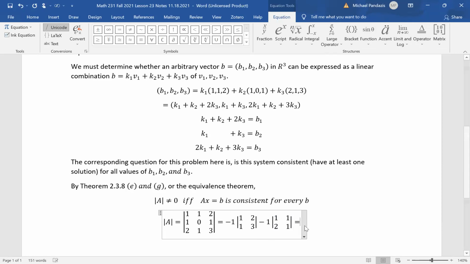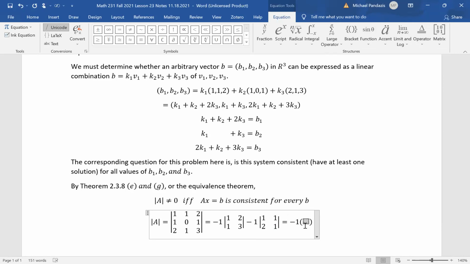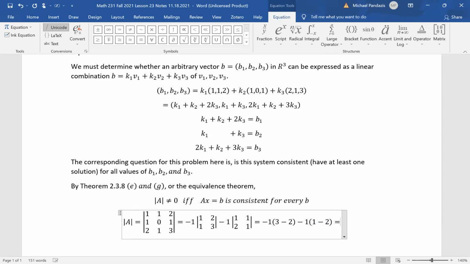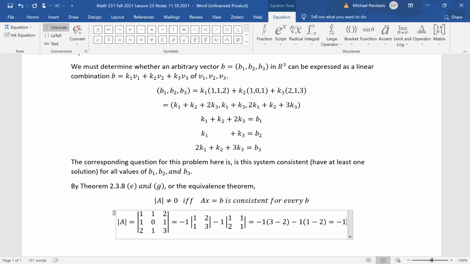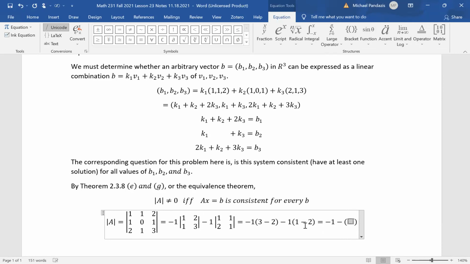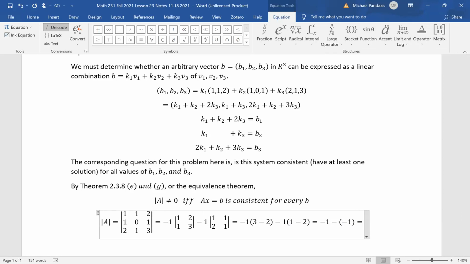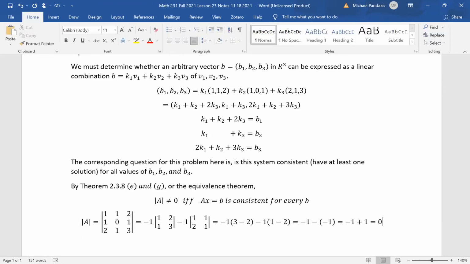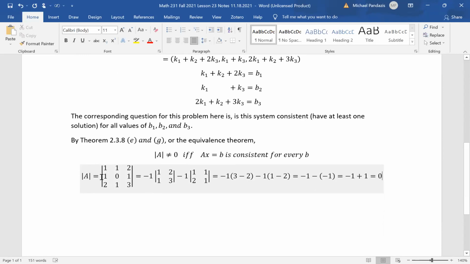Okay, and so this is equal to -1 times 3 minus 2, minus 1 times 1 minus 2. And so this is equal to -1 times 1, which is -1, minus 1 times -1, which is plus 1. So this is equal to -1 plus 1, which is 0. Okay, so you calculate that determinant, and you get the determinant equals 0.